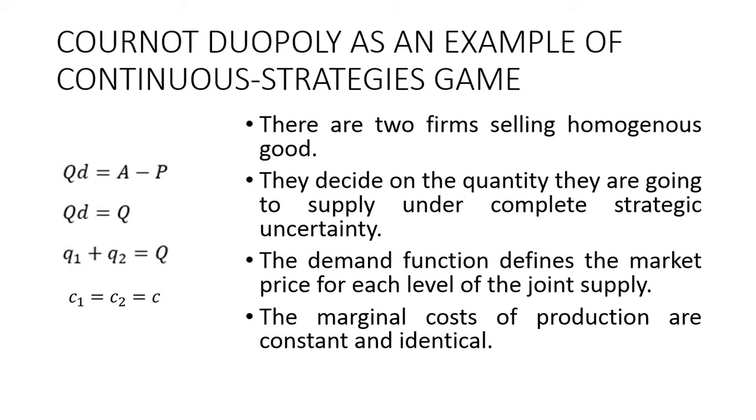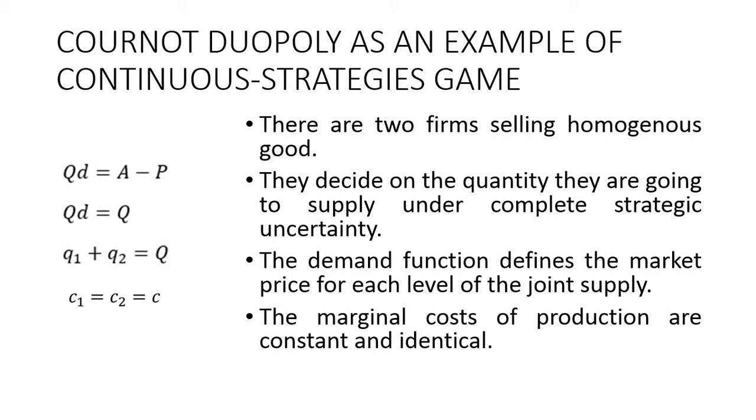There are two firms selling a homogeneous good, or more informally, they are selling an identical good, and they decide on the quantity they are going to supply under complete strategic uncertainty. So this implies that the strategies we are going to analyze are going to be related to the quantities, yeah?